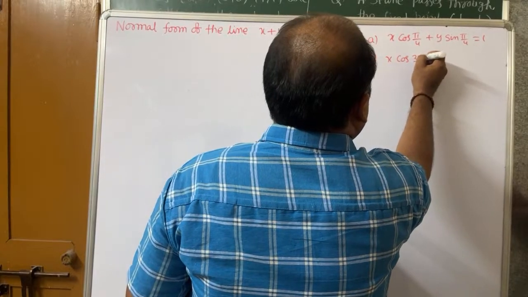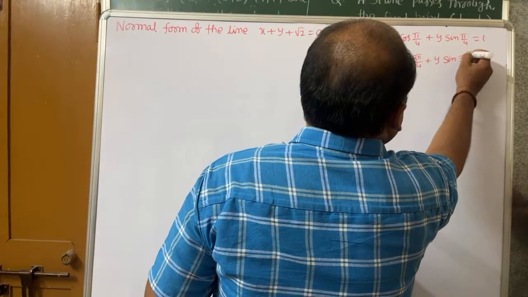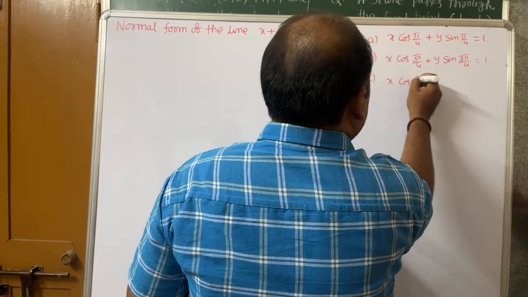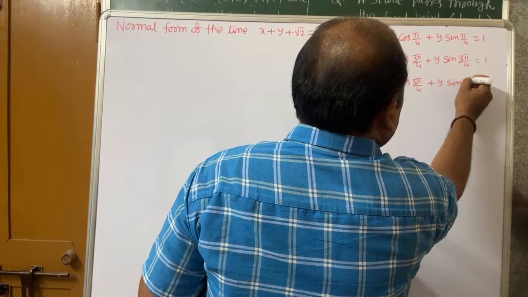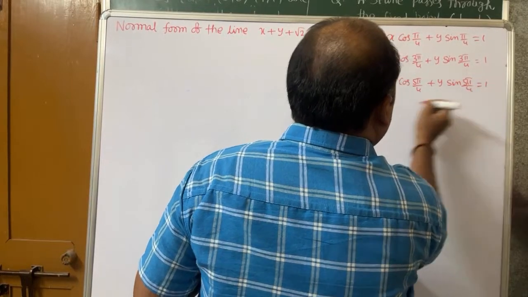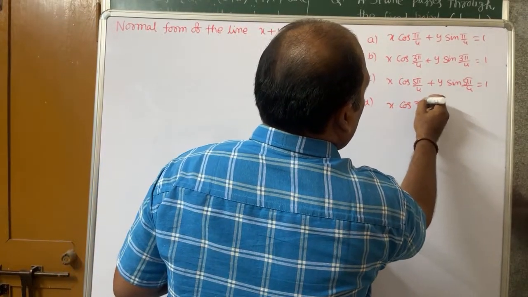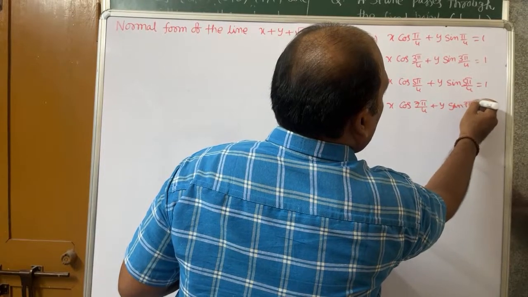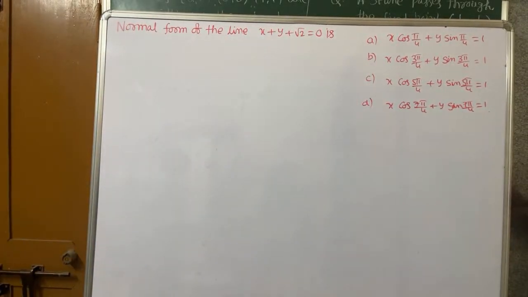Second, x cos 3 pi by 4 plus y sin 3 pi by 4 is also equal to 1. Third option, x cos 5 pi by 4 plus y sin 5 pi by 4 equal to 1. Fourth, x cos 7 pi by 4 plus y sin 7 pi by 4 equal to 1. So this is a normal form of the straight line.